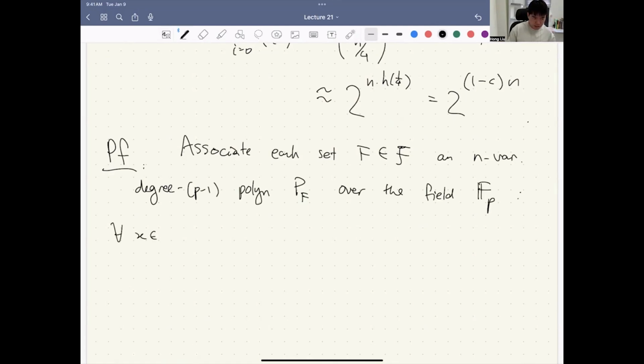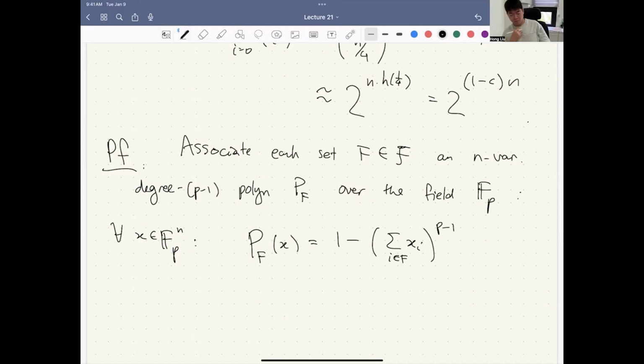For each x in F_p to the n, you define P_F of x to be 1 minus, okay, the inside here is the sum of x_i, i in F, raised to the power p minus 1. This is the polynomial. Obviously, it has n variables, x_1 to x_n, and degree p minus 1, good.